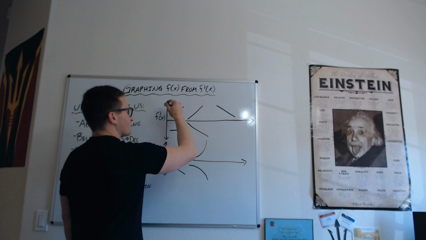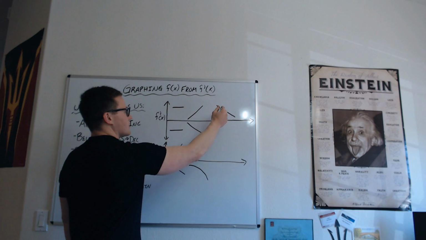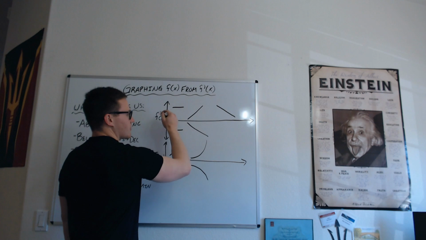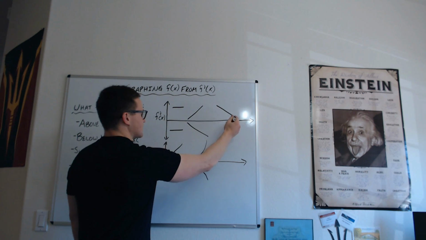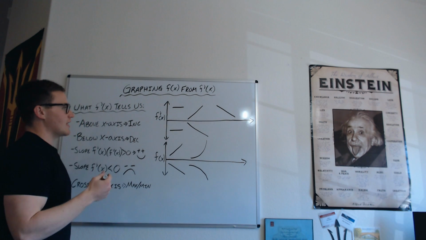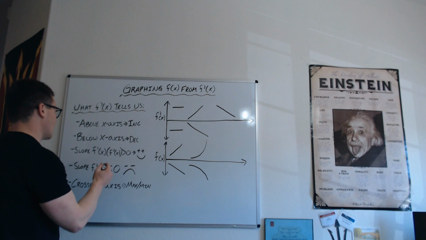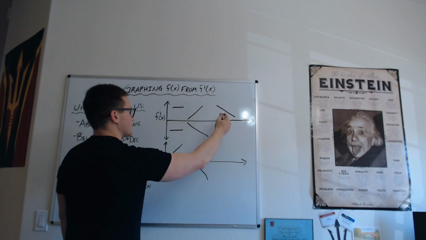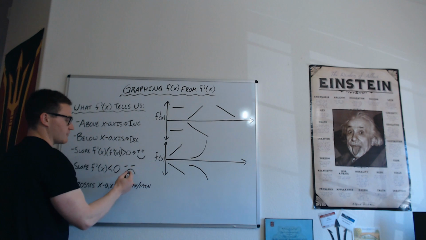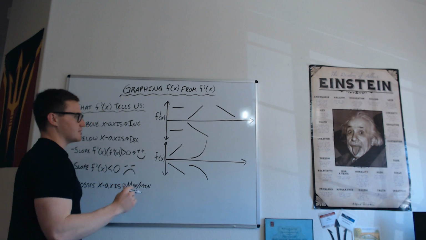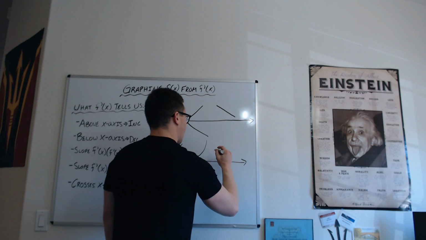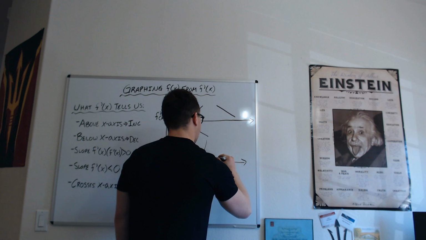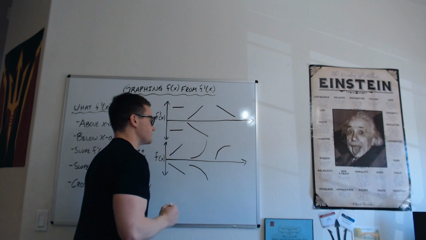I start out with a really positive slope at this point, but my slope, f prime of x, is approaching 0. So I can also look at the slope of this line, f double prime of x, which is negative, so my function is going to be concave down. So to combine all of these effects, I'm going to get something that looks like this.